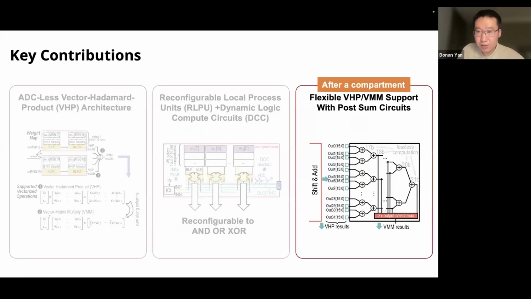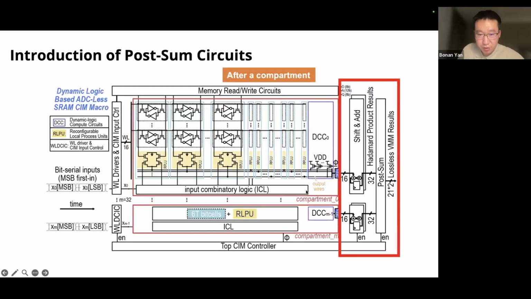And the third part of this design is the post-sum circuits. So let's see the circuits after we have done the bitwise computation in the memory array. As the name shows, the post-sum circuits just do the sum up.